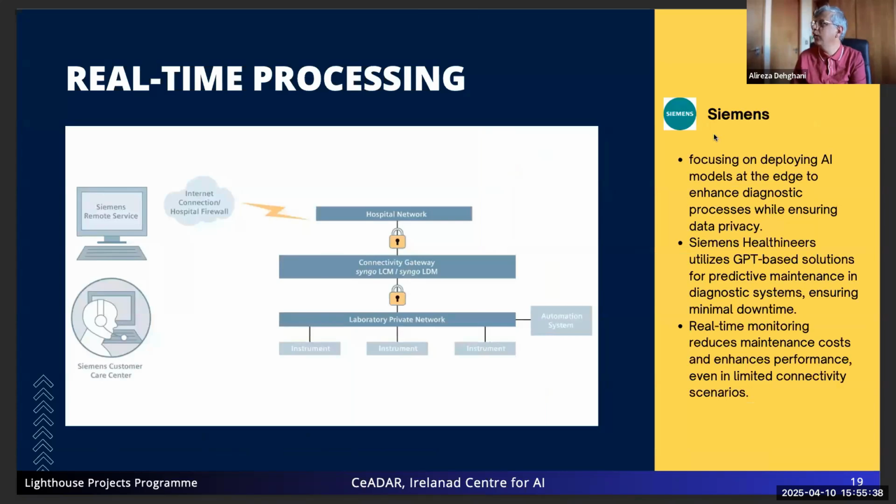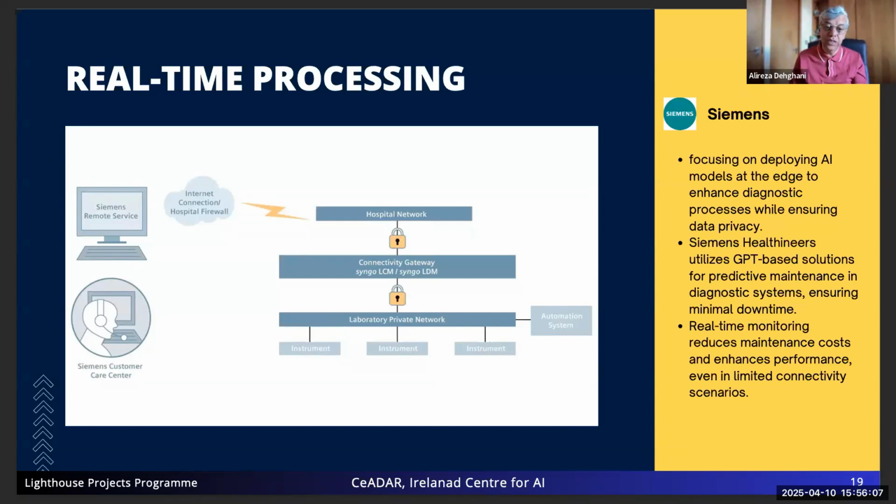Okay, Siemens also has some hands in LLM at the edge. What is the story of Siemens here? They have a lot of AI models, especially GPT-based ones, appropriate for edge processing, and they can do a lot of things, including improving diagnostics and predicting system issues before they happen.